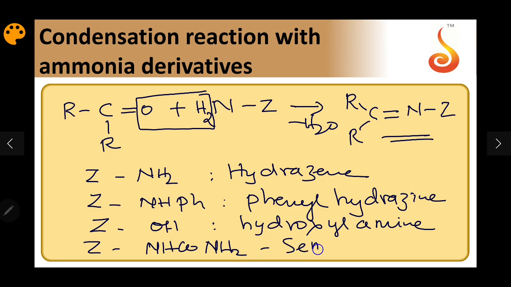This is semicarbazide. So all these reactions will be giving the same kind of products. So hydrazine will give hydrazone, phenylhydrazine will give phenylhydrazone, hydroxylamine will give oximes, and semicarbazide will give semicarbazone. These are the products with ammonia derivatives and carbonyl compounds.